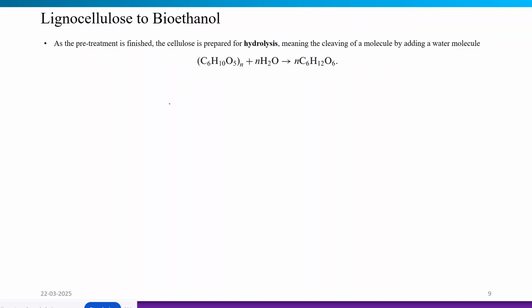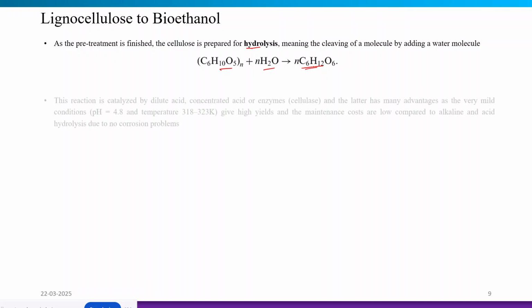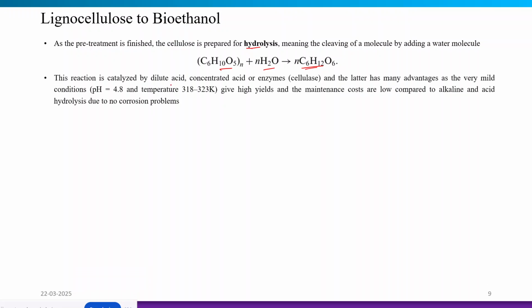As the pretreatment methods are finished, we are moving forward with the hydrolysis process. In hydrolysis, by the presence of water, we hydrolyze the biomass into simple soluble sugars. The reaction is catalyzed by dilute acid, concentrated acid, or enzymes.